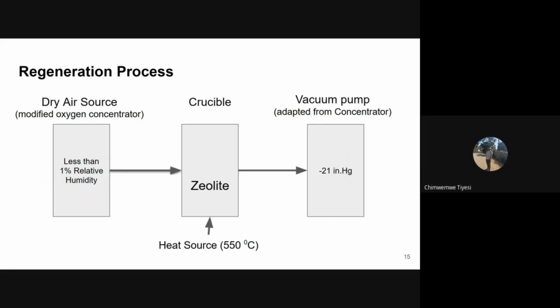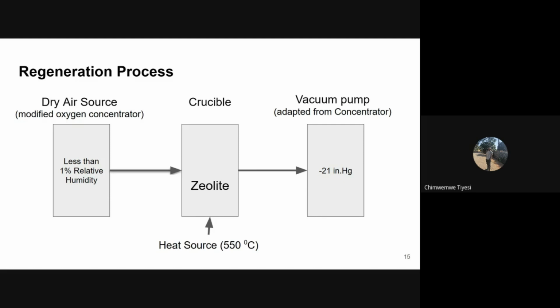So before we start discussing the zeolite regeneration process, I want to mention that our goal was to develop a process and a minimum viable product for a device that could be used by biomedical engineers. These biomedical engineers could be working in central and district level hospitals to regenerate zeolite in volumes that are commonly used in oxygen concentrators.